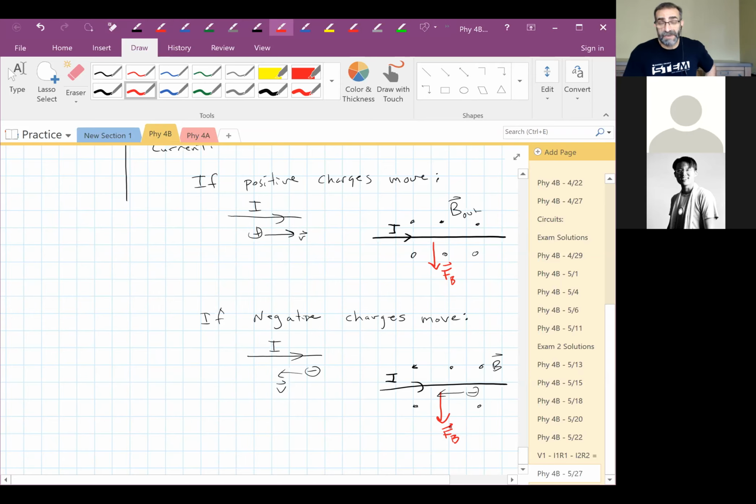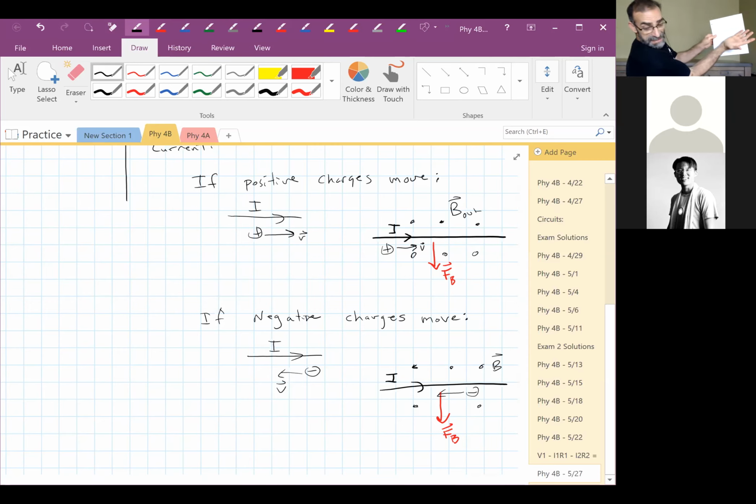It doesn't matter whether negative charges are moving to the left or positive charges are moving to the right, we get the same force. B is out of the page, so for a positive charge moving to the right, my thumb points towards the bottom of the page.